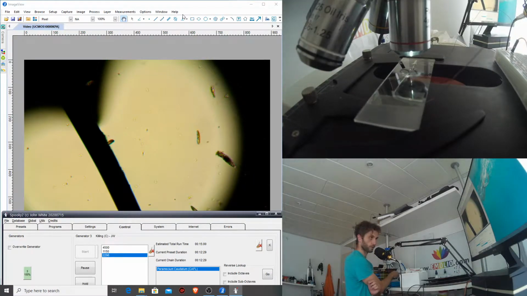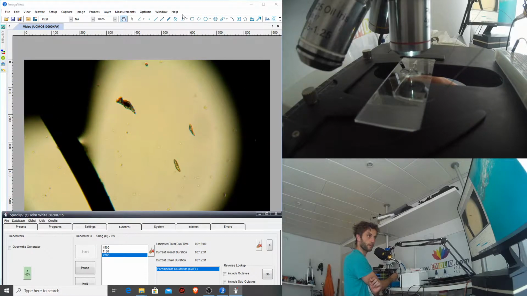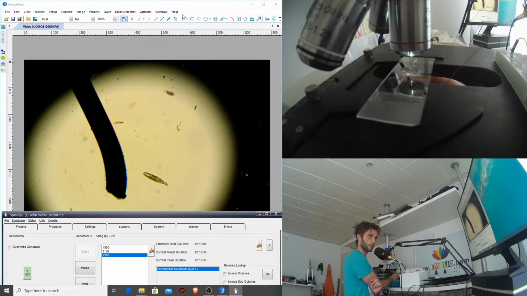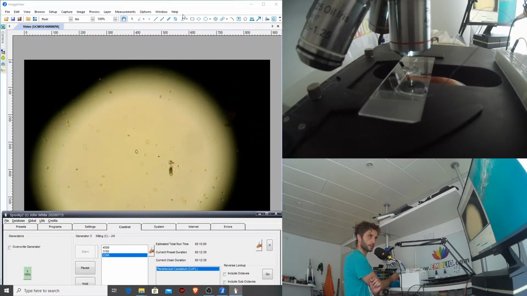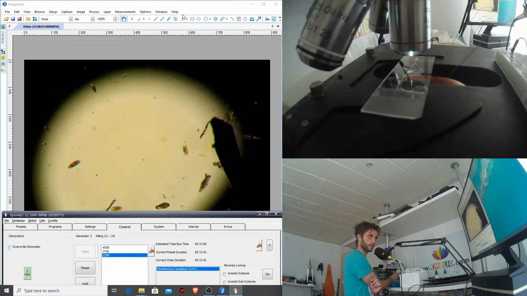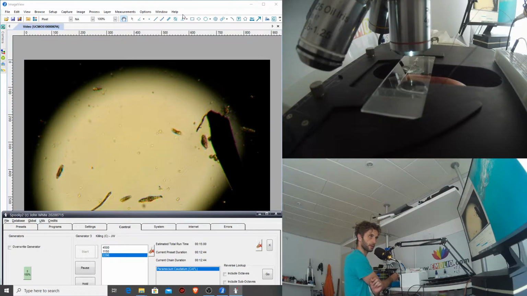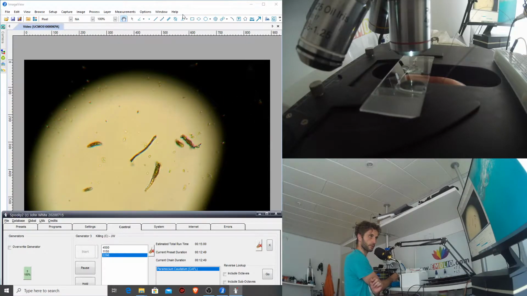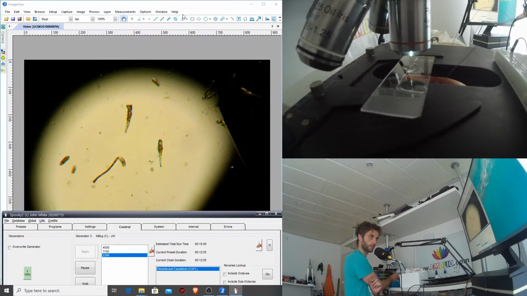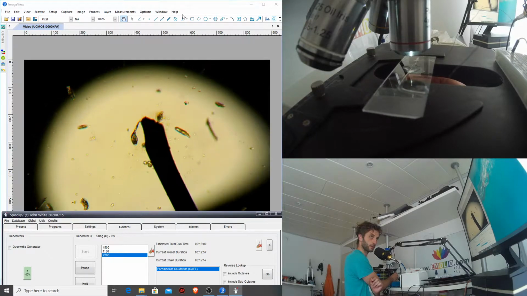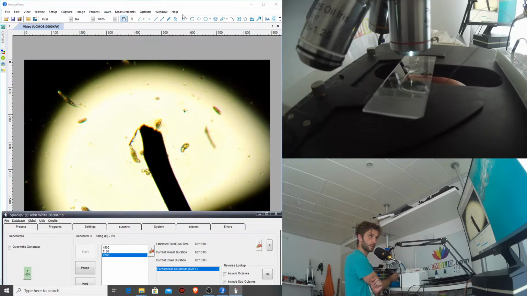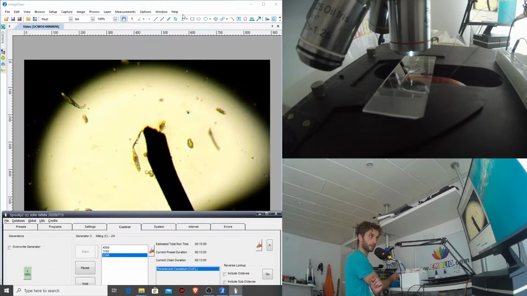Right, let's go the other way, to the other electrode, to see maybe there is some other movement. Alright, we have one here, and also other microorganisms that I don't know what they are, but maybe someone can recognize them and post it so we can recognize them.